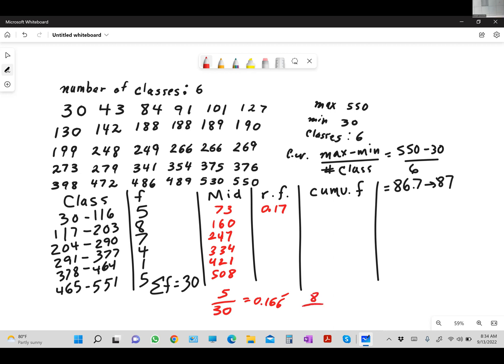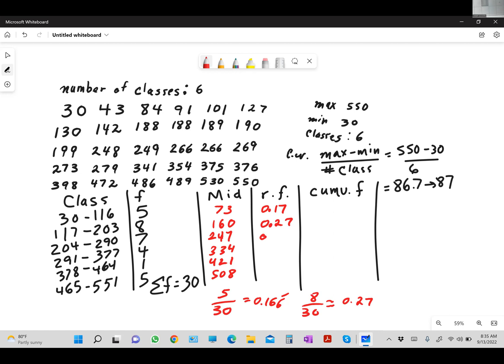Then you take 8 divided by 30, and you would get the next one, which is approximately 0.27. It's 0.26 repeated, but we can just write 0.27. Now, again, I'll continue. 7 divided by 30, 4 divided by 30, 1 divided by 30, 5 divided by 30. I'm going to do that quickly here for the sake of time.